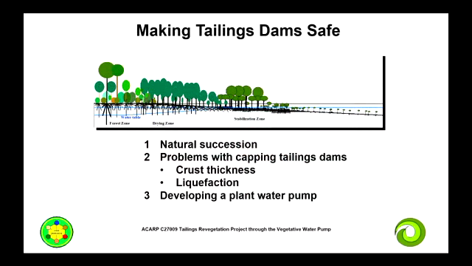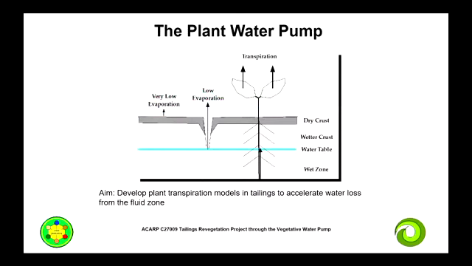So making tailings dams safe, there are several approaches. You can just let it go to natural succession. That's not very safe. You can cap, like I've said before, but there are also sometimes issues with this. So we're proposing a mix of these two approaches, which involves developing a plant water pump, which hopefully will allow a quicker evacuation of the water.